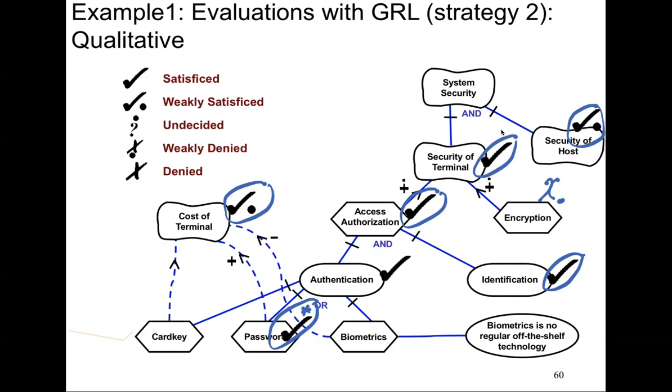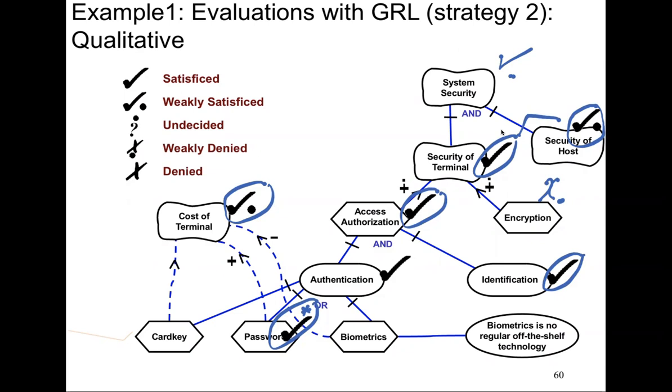And then because we are taking the minimum between these two in an AND decomposition, it should be weakly satisfied at the end. So this strategy, as compared to the other strategy that ended up with weakly denied, ends up weakly satisfied. So if system security is of high priority, strategy 2 is a better solution as compared to strategy 1.